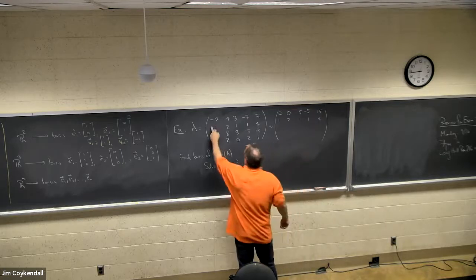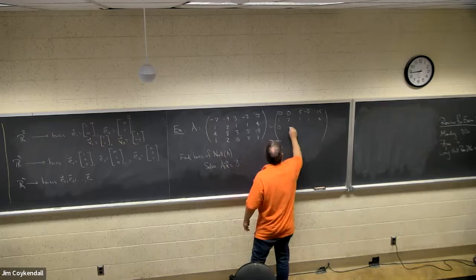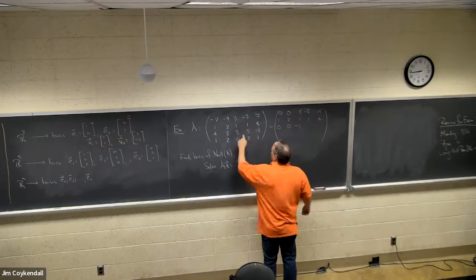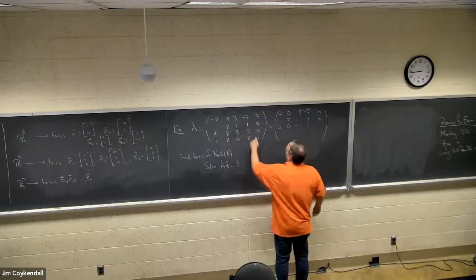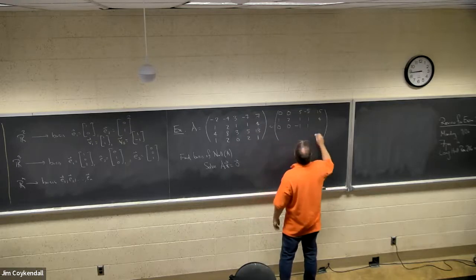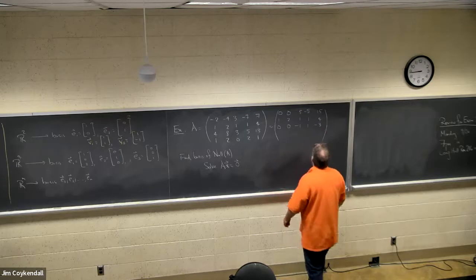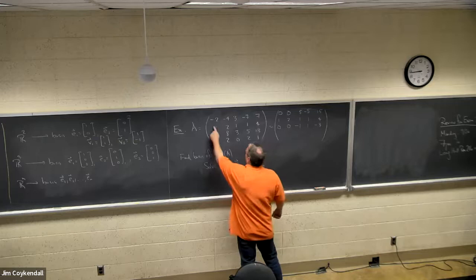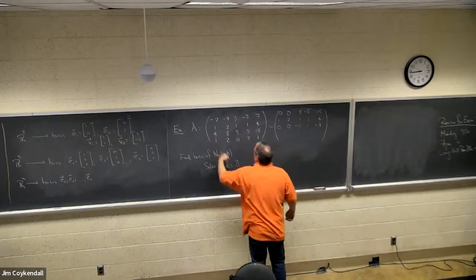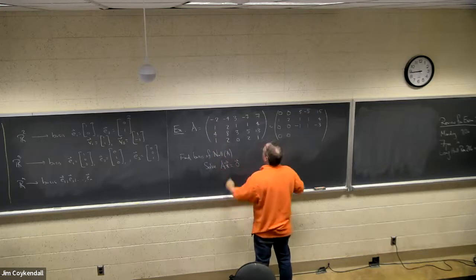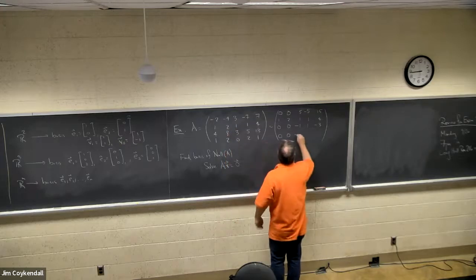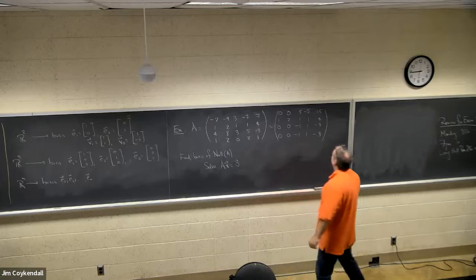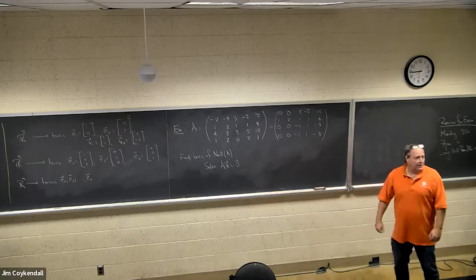I'm going to multiply this by -4 and add it here. 0 minus 1, 1 minus 3. And I am going to just multiply this by -1 and add it to the bottom. -1, 1 minus 3. Oh, that worked out nicely.